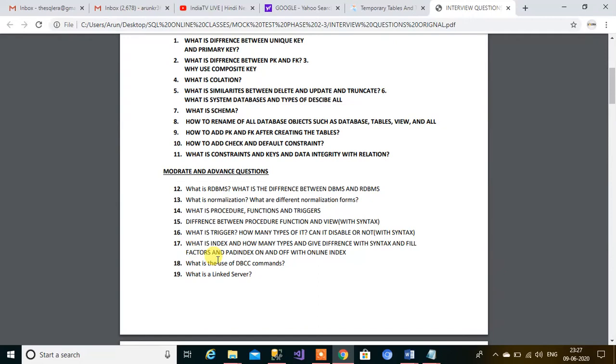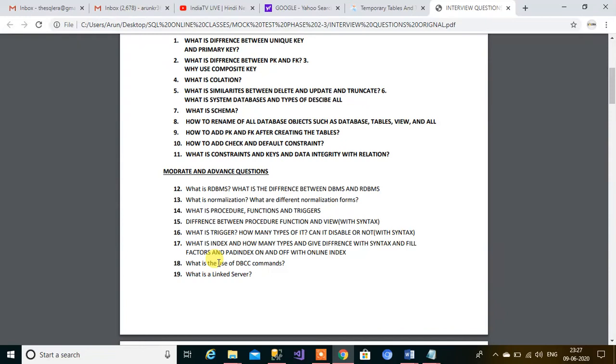The next question, you can see, is what are DBCC commands. DBCC is a very advanced concept, and whenever you are looking at database development, you need to know about DBCC. DBCC stands for Database Consistency Check. If you want to check how many files are created inside the SQL database engine, then you need to use DBCC.